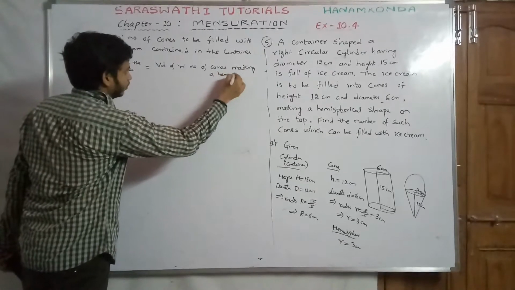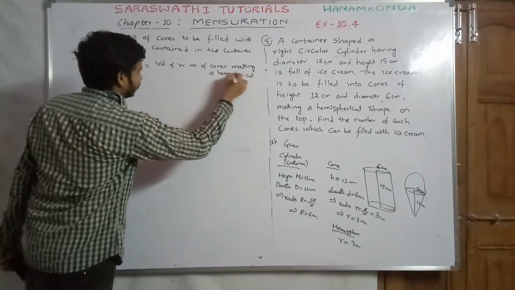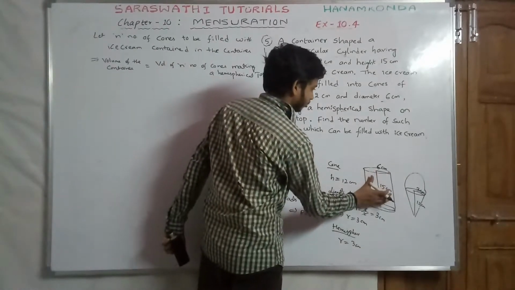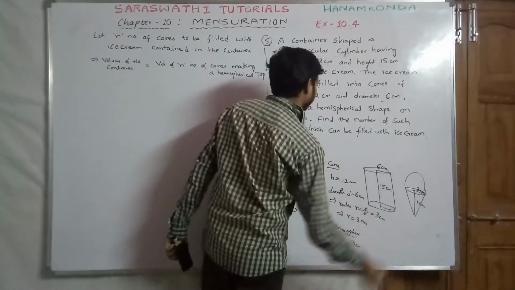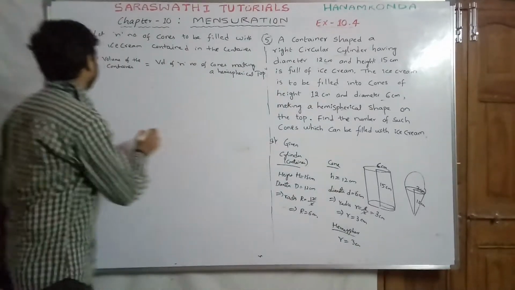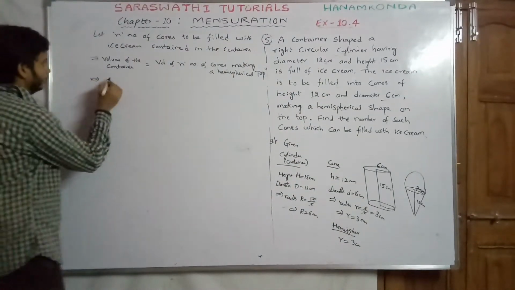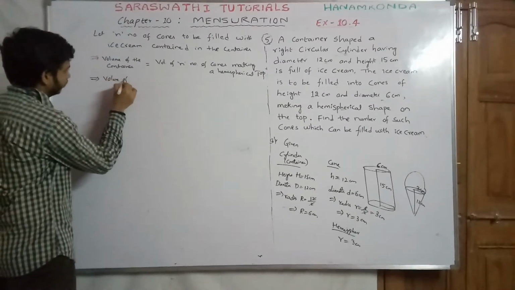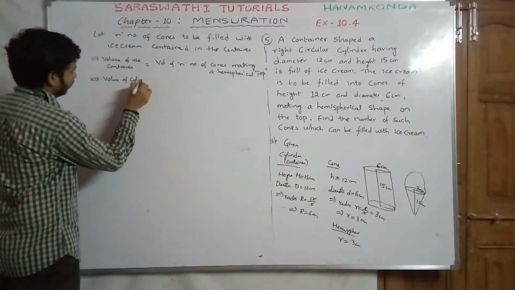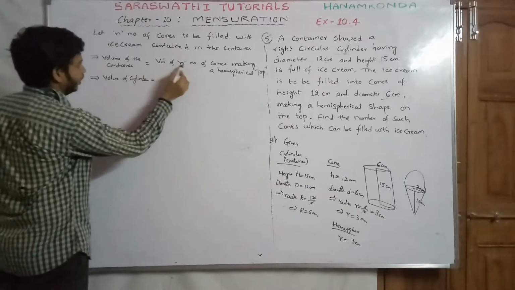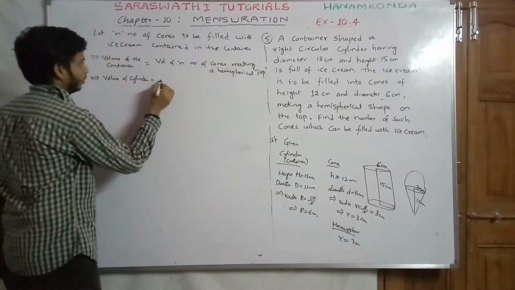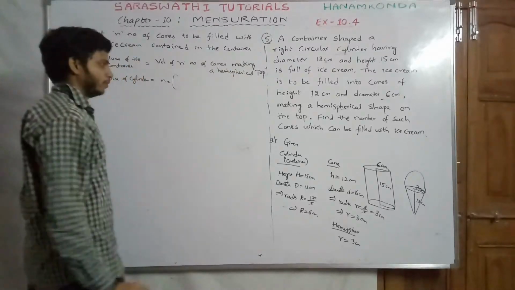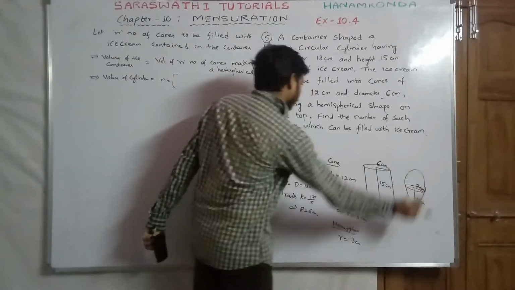The volume of the ice cream present in the container is equal to the volume of the n cones. We know that the container is a cylinder, so the volume of the cylinder equals n times the cones making a hemisphere top. That means n into the volume of cone plus the volume of hemisphere.